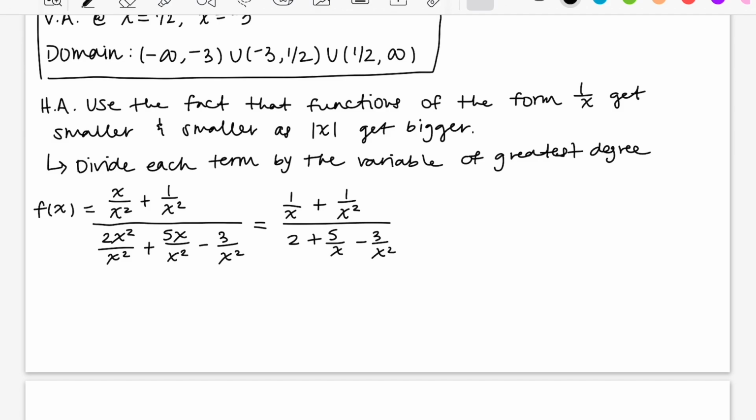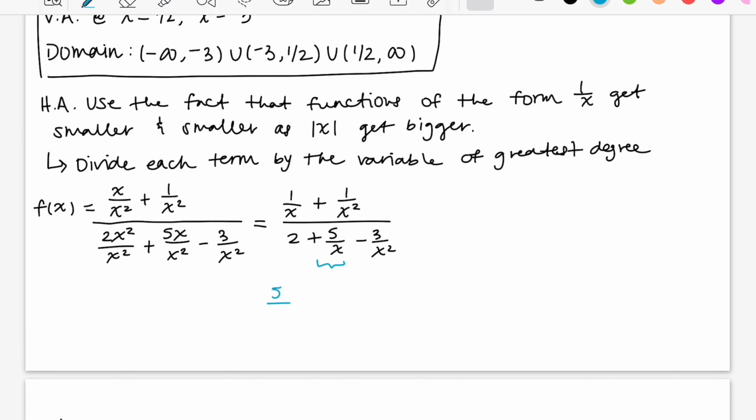Alright, so what I mean is as x gets bigger and bigger, notice, for example, this 5 over x here. We let x get bigger and bigger. Let's say, for example, let's let x be 100. We'll start with that. We get 5 divided by 100, which is 0.05.